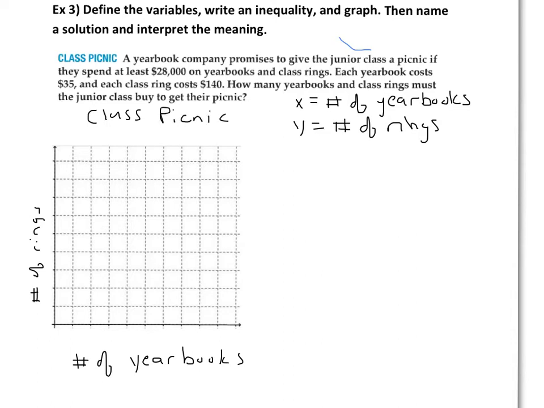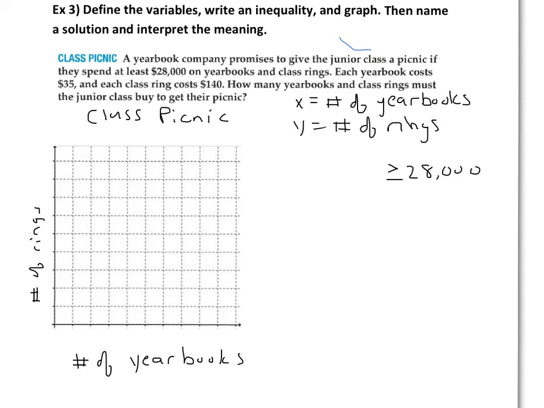All right, so now I'm going to write my inequality. It says I need at least $28,000 worth of sales. So I'm going to start off with 28,000, and that's going to be the smallest number I want. So I'm going to have that alligator mouth eat the other side. Now, I'm okay equaling that since it says at least.